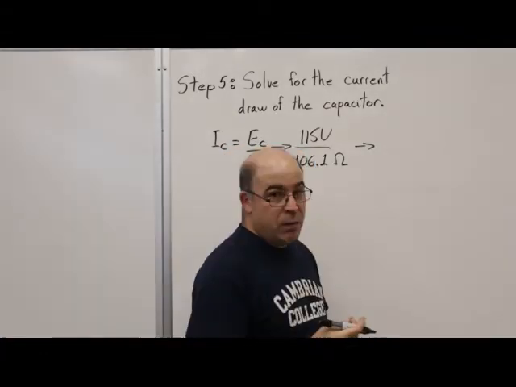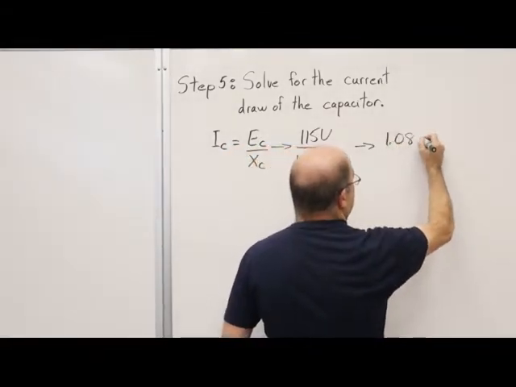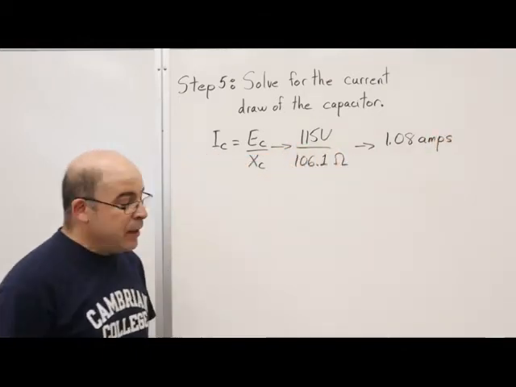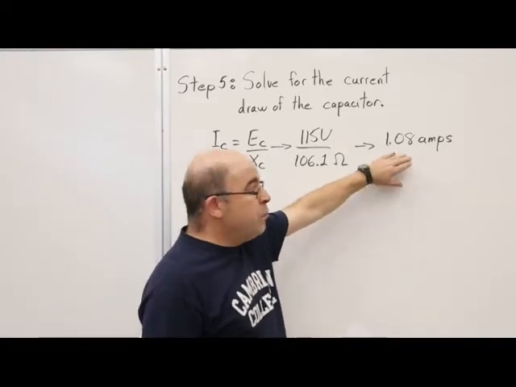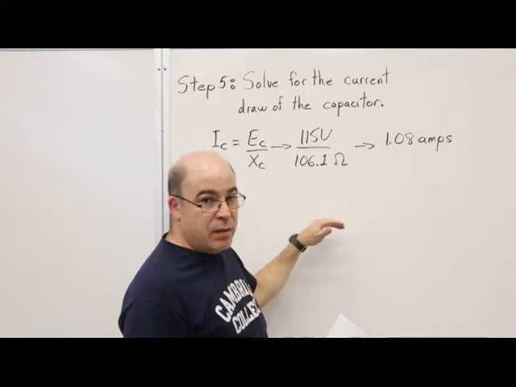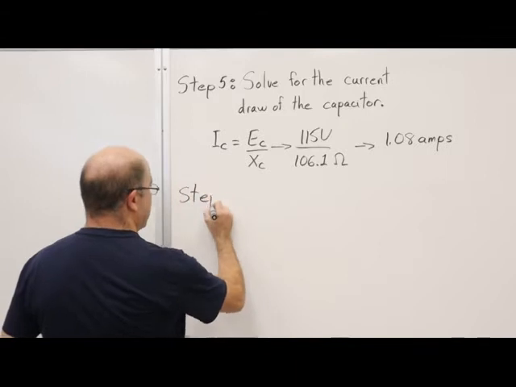This should give you, for an answer, 1.08 amperes. Now that I've got this equation completed, you probably still have this in your calculator, and you want to move on to the next step, which is step 6.